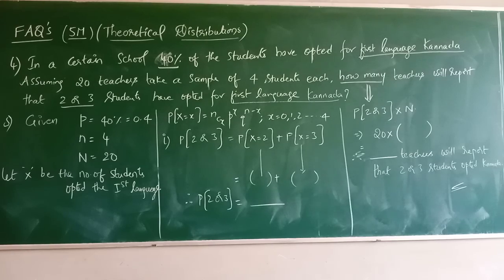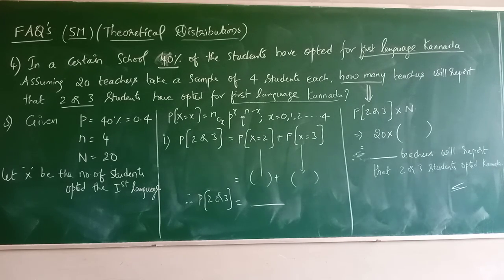Then n we know, p we know, and q also you can calculate. 40% opted means 60% have not opted only, no. So q becomes 60%, nothing but 0.6. So n is 4, p is 0.4, q is 0.6, and x value 2 and 3 you substitute separately, and then together you add it. That becomes p of 2 plus 3, p of 2 or 3 probability.